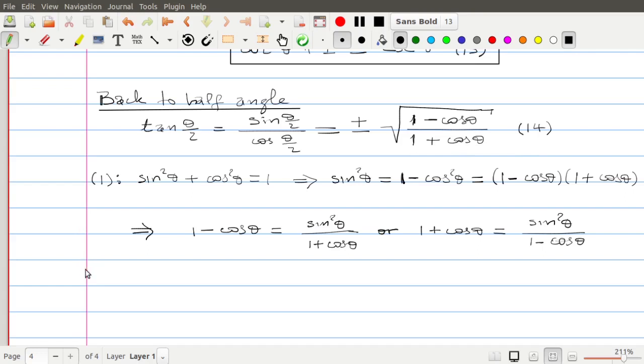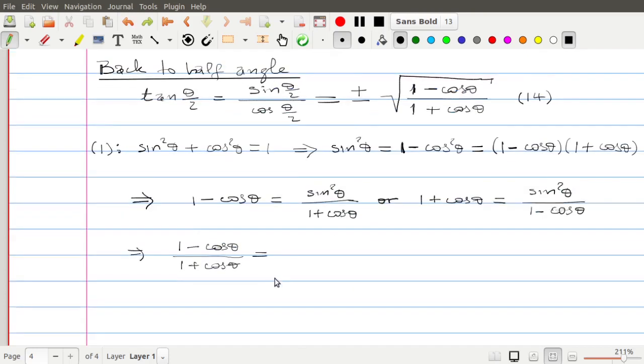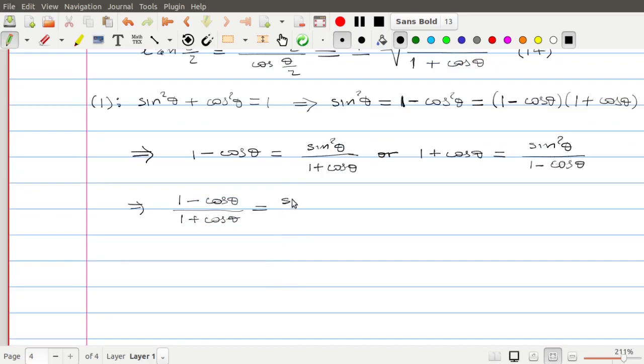So if we do that, we have 1 minus cosine theta by 1 plus cosine theta equal to sine square theta divided by 1 plus cosine theta square.